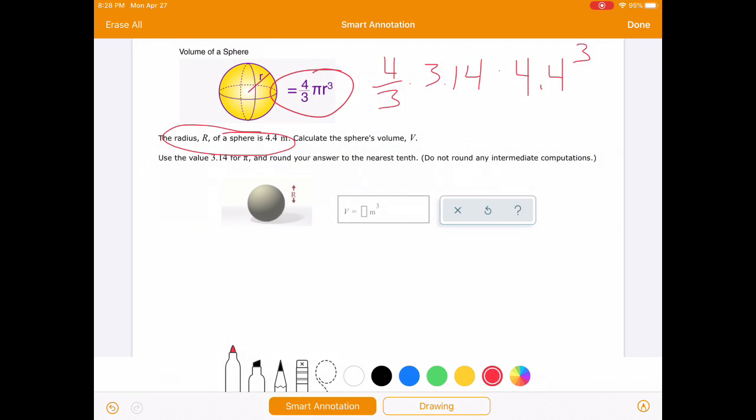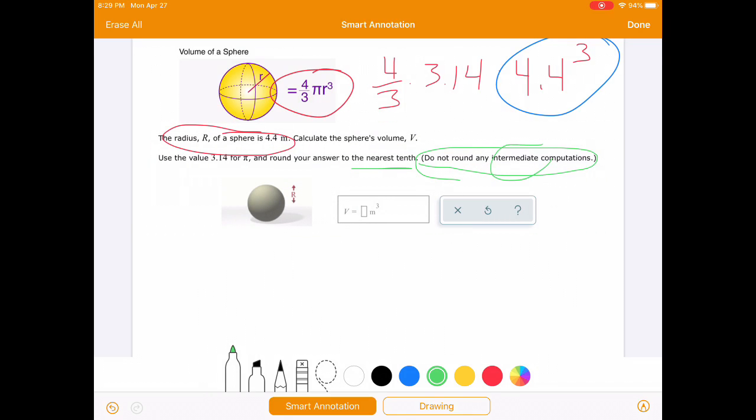Now, we still need to follow order of operations. Going way back to evaluating algebraic expressions, we substitute values in for the variables and then follow order of operations, and exponents is the first thing that we have to do. Now, before we go any farther, I want to point out something in this question. It says round your answer to the nearest tenth, but it also says do not round any intermediate computations.